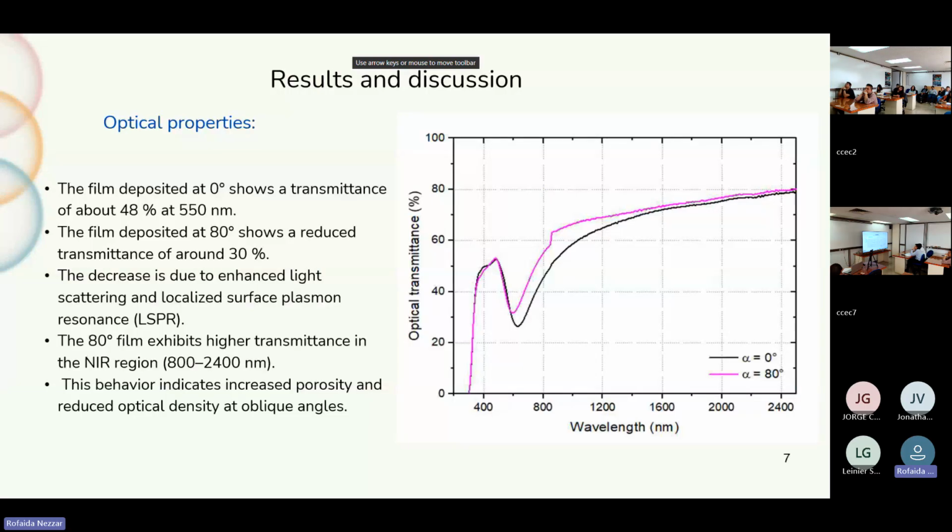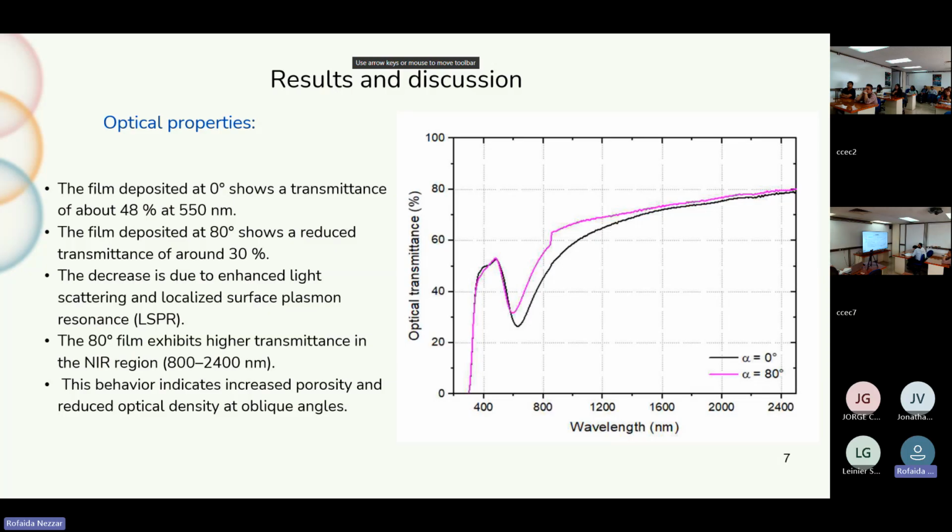Here we can see the transmittance spectra for both deposition angles, where the planar film exhibits about 48% transmittance at 550 nanometers, and the oblique film shows around 30% at the same wavelength. We can see a noticeable dip around 550 to 600 nanometers, corresponding to the plasmon resonance of gold.